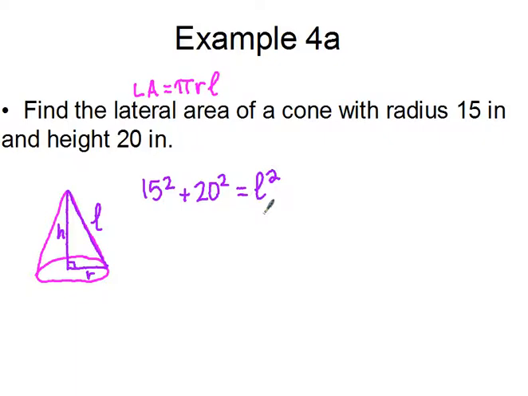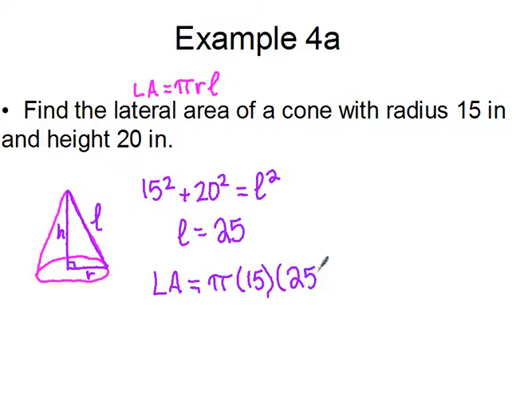So let's do a little Pythagorean theorem math here and figure out what L is. Alright, according to Pythagorean theorem, L is 25. If you still don't know how to do that, we need to talk. So then if we're going to do LA, we do pi times the radius times the slant height that we just found.